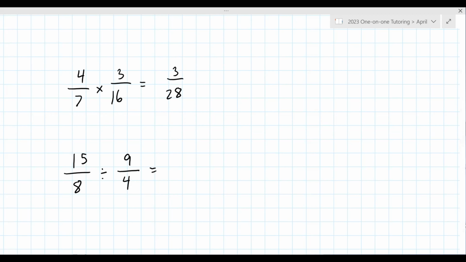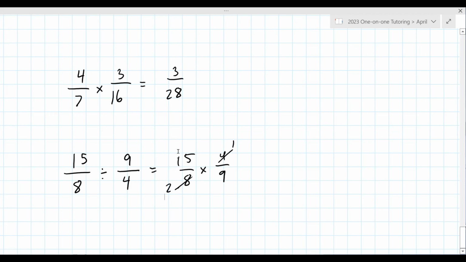Do the reciprocal, which is 15/8 times 4/9, and then the 4 and the 8 you can reduce to 1 and 2. 15 and 9 can reduce.